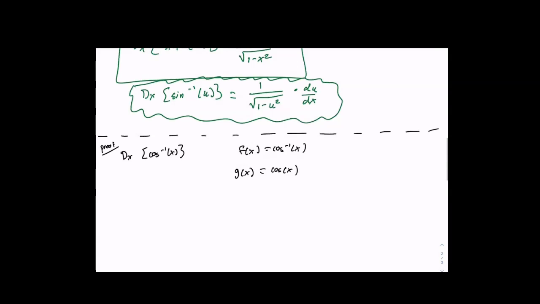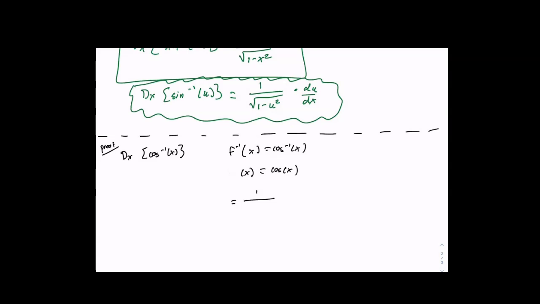So f prime of x would be equal to 1 over, oh, sorry, you know what, I wrote this backwards. Let me just fix this part real quick.